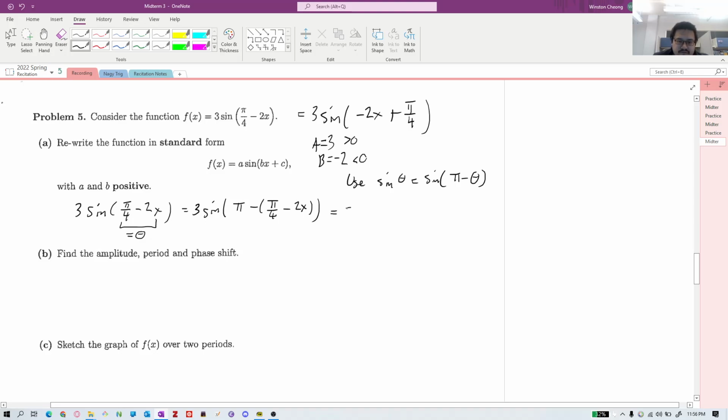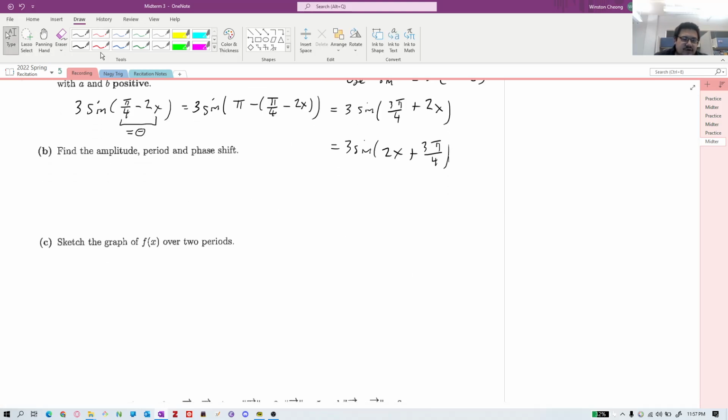Distribute the negative, do the subtraction. So you get 3 pi over 4 plus 2x. I would have preferred to use the one that I converted, but it's fine. 2x plus 3 pi over 4. Just get it into the standard form. Perhaps I will box that.